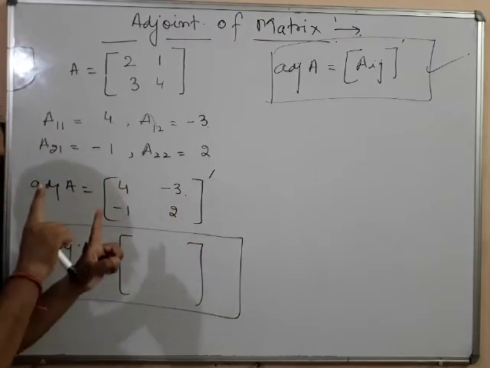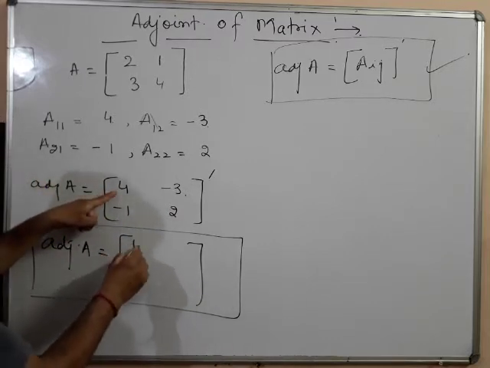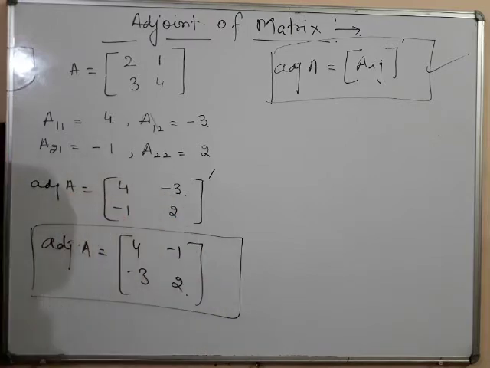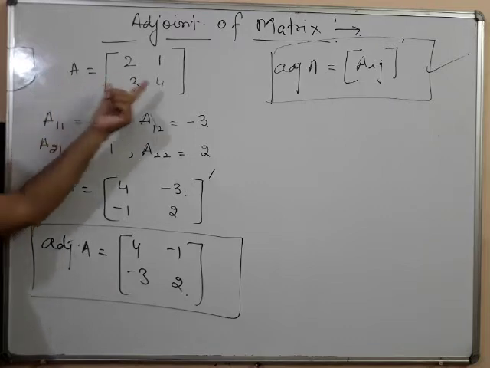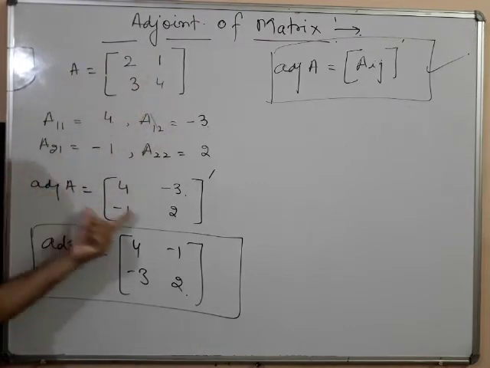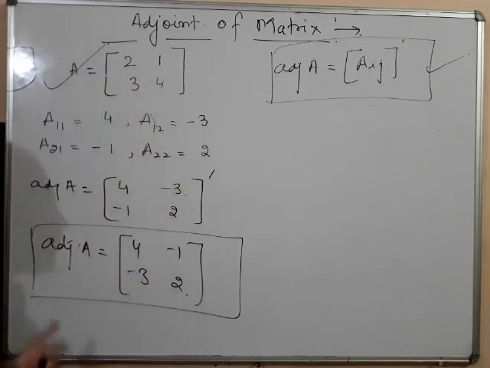Transpose means rows will be converted into columns. That is 4, minus 3, minus 1 and 2. Clear? So I took an example of a square matrix of second order, and that will be the adjoint of the matrix. Clear, students?